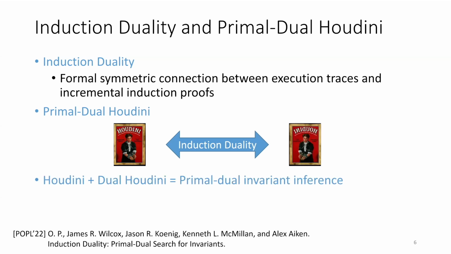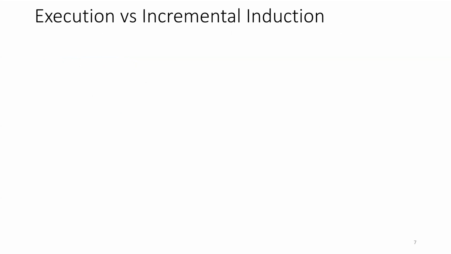When you combine them, you get a Primal-Dual search algorithm for infinite inference that's symmetric between proofs and counterexamples. I'll share a little bit about that, and then we'll move on to the Lagrangian duality.